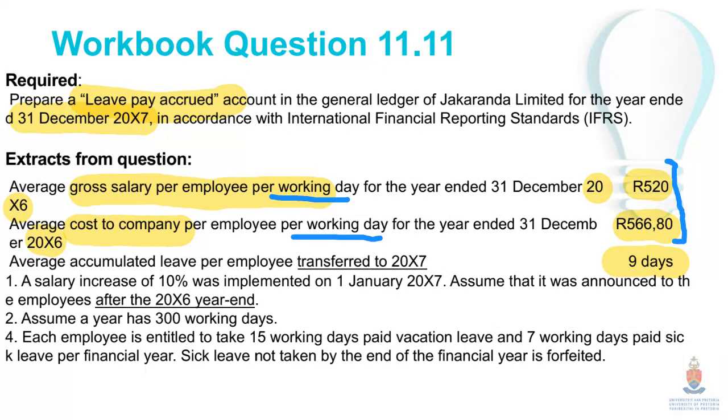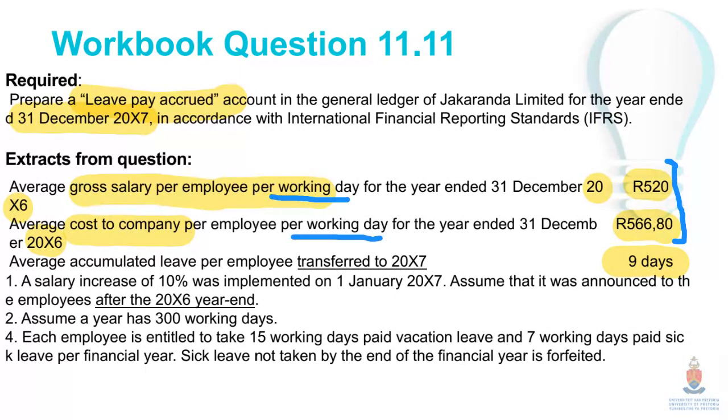So that part of the information is actually a red herring, or what we call useless. It checks whether you are going to take the 520 and divide it by 300 or whatever. The information is there, but we're not going to use it because we already have an amount that's per working day.